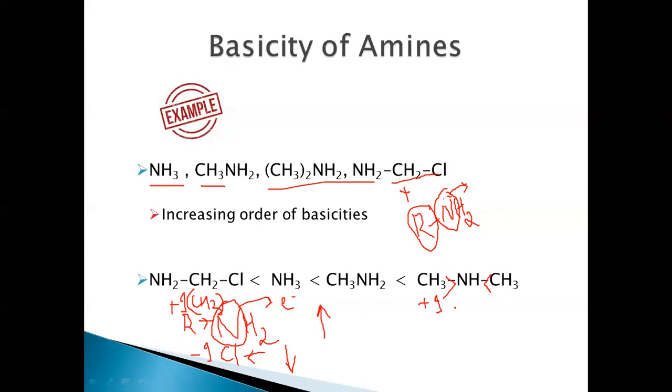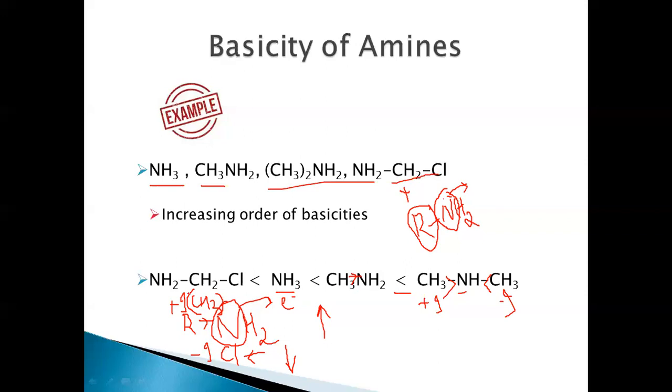So it increases the electron availability on the nitrogen, so its basicity is increased because it can donate the electron pair easily now. But in methylamine there is only one CH3 group, so its basicity is less when compared to that of dimethylamine, and this methylamine is more basic than ammonia because there is one methyl group.